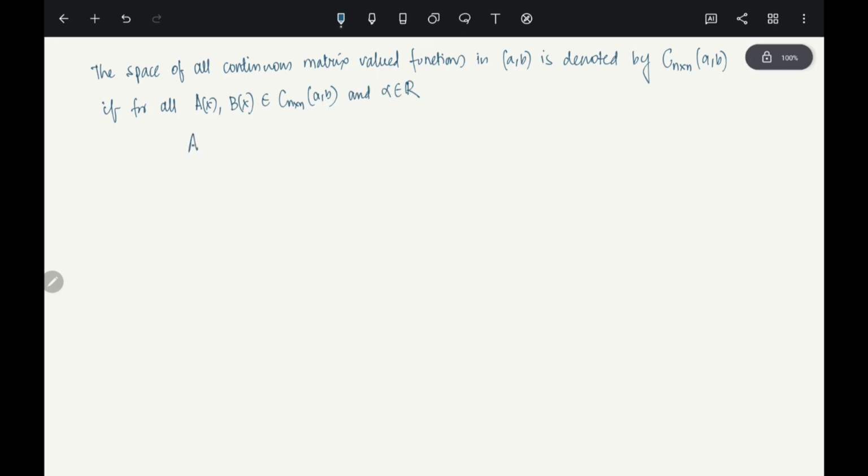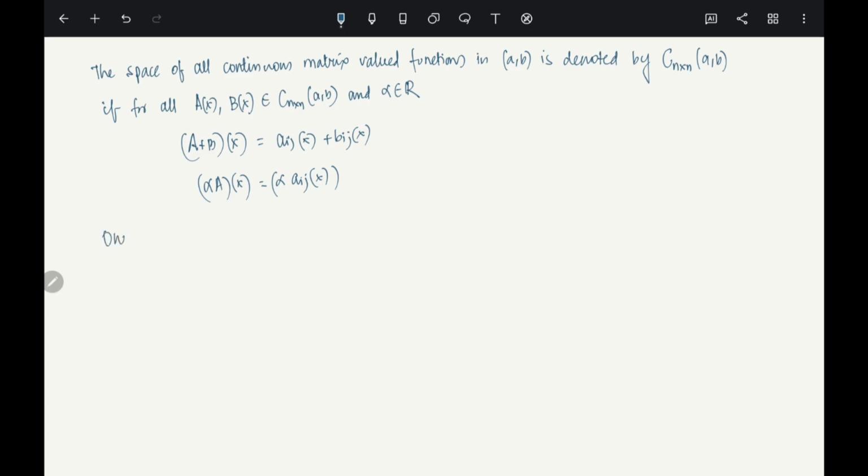You see, A plus B, okay, acting at x is a_ij(x) plus b_ij(x), clear? And alpha times A acting at x is nothing but alpha times a_ij(x), okay. So with those two properties, we define a new space here, the space of all continuous matrix valued functions. We denote it by C_{n×n}. And what are the operations? The operations are natural operations, but it just depends on x, okay, right.